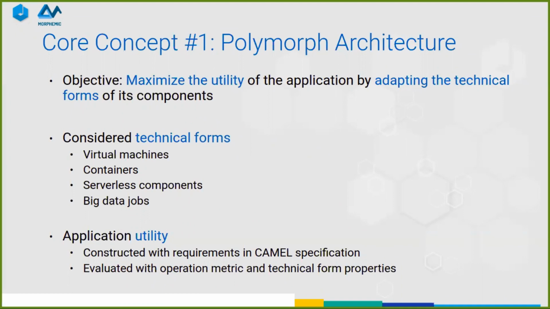One concept is the polymorph architecture, the ability to not only select and optimize the number of resources, but also to change the technical form of the application, to select, for example, whether it is better to use virtual machines, containers, serverless components or hardware accelerated components. That gives an additional dimension to the optimization and could give even better results.